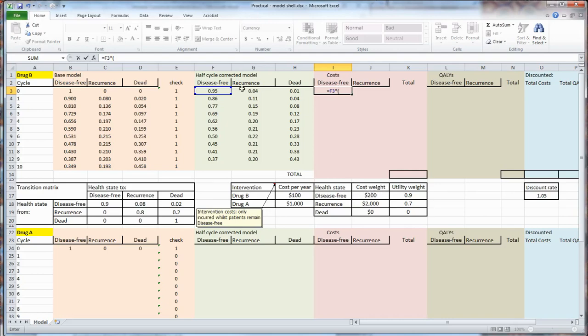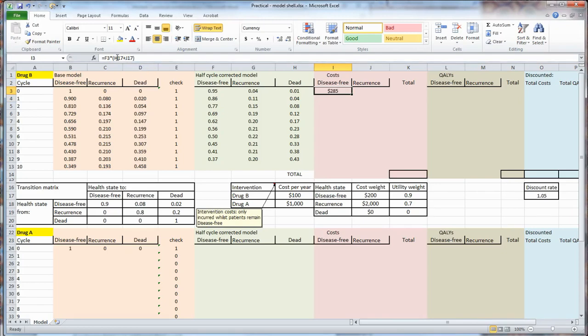So we've got F3 multiplied by the cost of drug B, H17, plus the cost weight for the disease-free state. And so that gives us the proportion of patients who are disease-free incurred an average of $285 over the first cycle of the model.